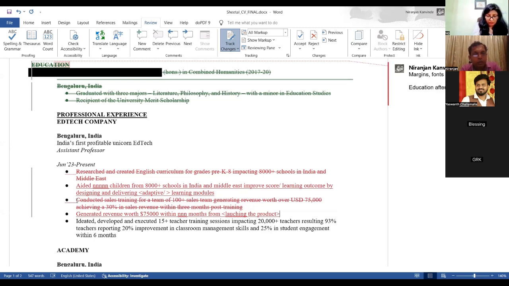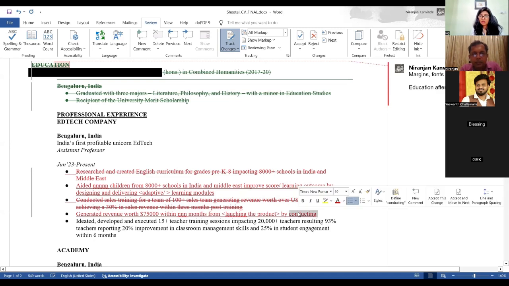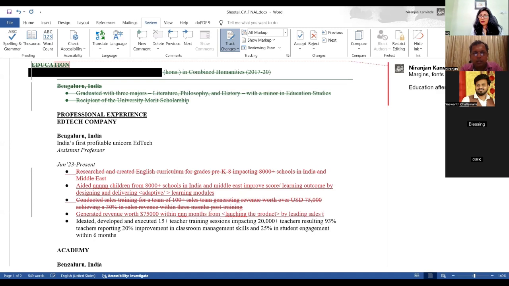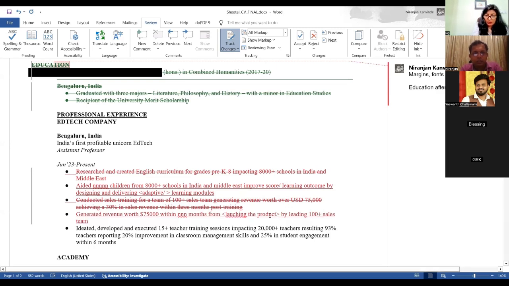$70,000 revenue, if you have, or you may alternately say you exceeded your target by X%, exceeding annual or quarterly or half yearly target by X%, by conducting sales training, or by leading whatever 100+ sales team.